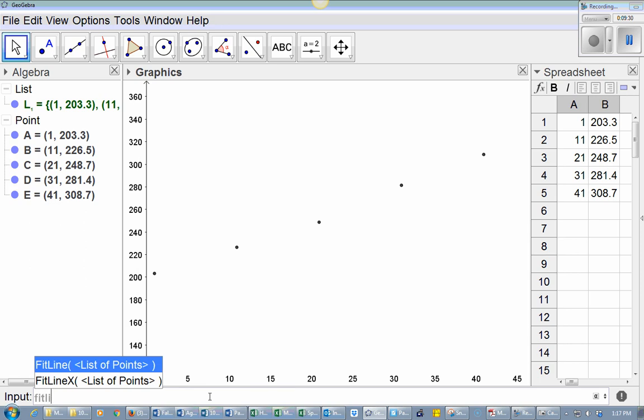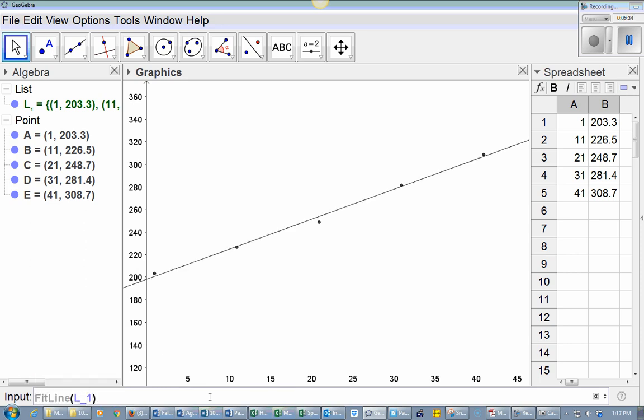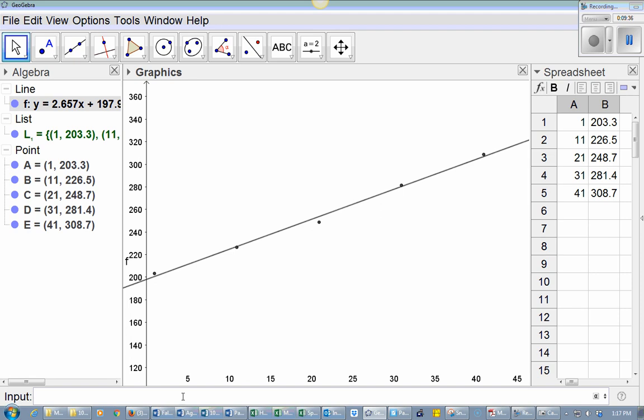So fit line for list 1. That looks pretty good. Let's do an R squared for that, for list 1, matching function f. You get 0.9947. Really good fit. All right, let's do an exponential regression.